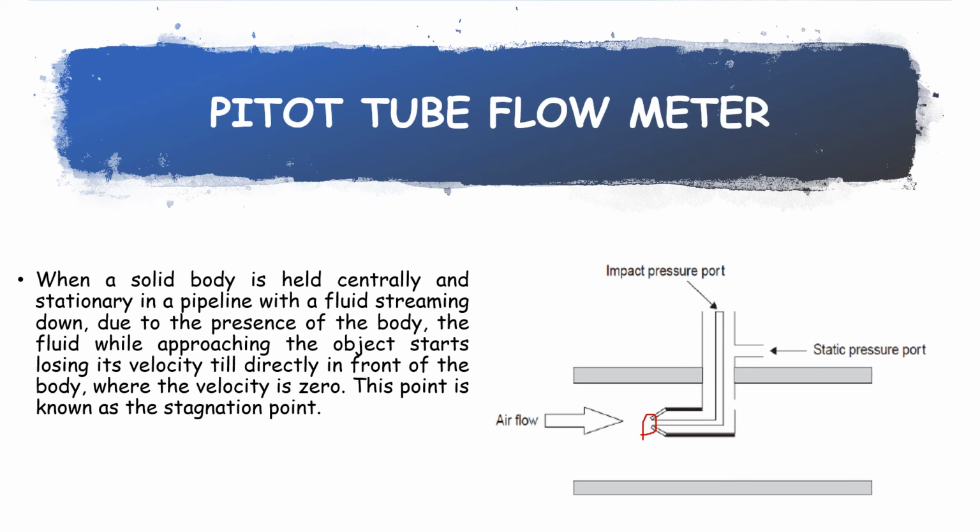A corresponding small hole in the side of the probe senses the static pressure. A pressure instrument measures the differential pressure, which is proportional to the square of the stream velocity in the vicinity of the impact pressure sensing hole.